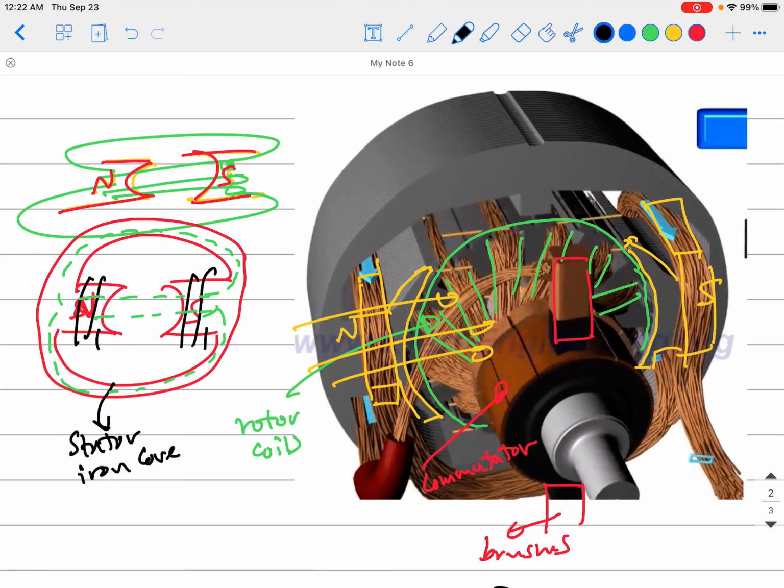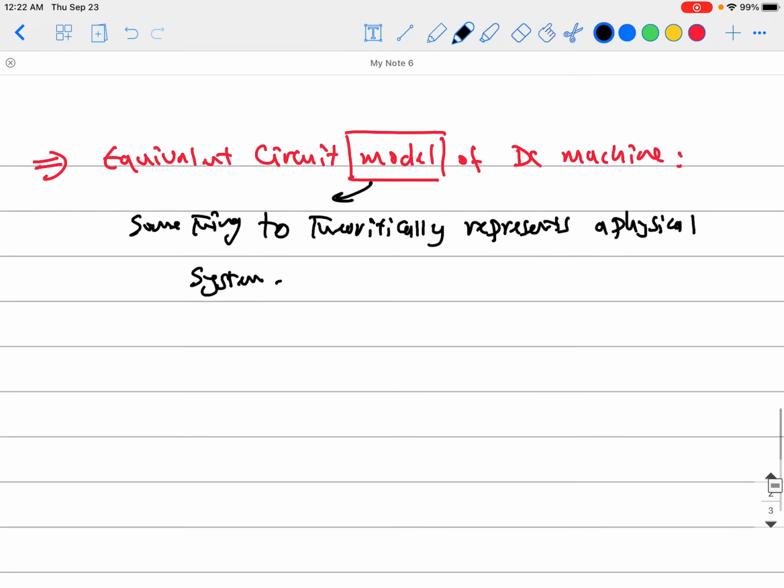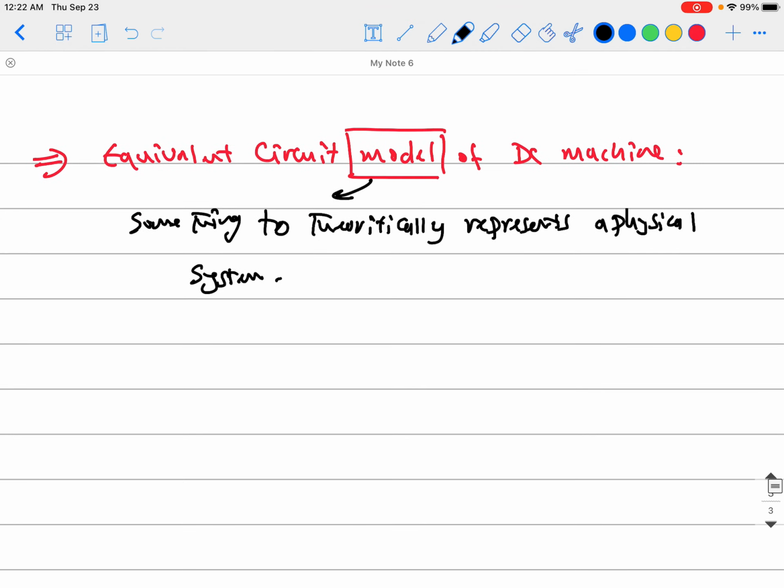We cannot just trial and error with everything, because if you go with this approach, we may actually damage several machines just to know how much current they will draw or how much load they can handle. So the whole point is we need to model this in a theoretical, mathematical way.